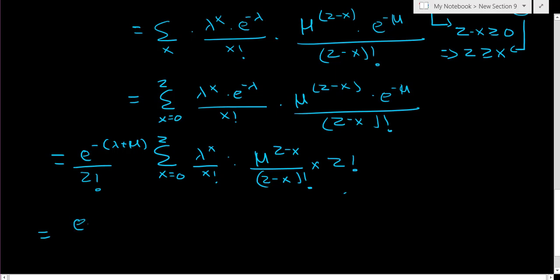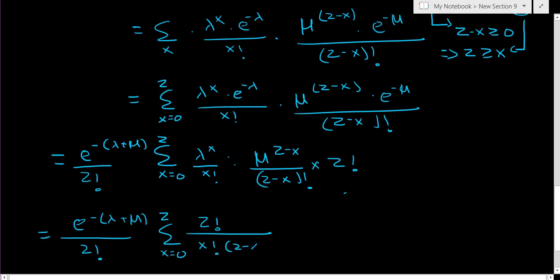So I have e to the power of minus (lambda plus mu) over z factorial, and inside I have the sum over x going from 0 to z of z factorial over x factorial into z minus x factorial, and inside I have lambda to the power of x and mu to the power of z minus x.